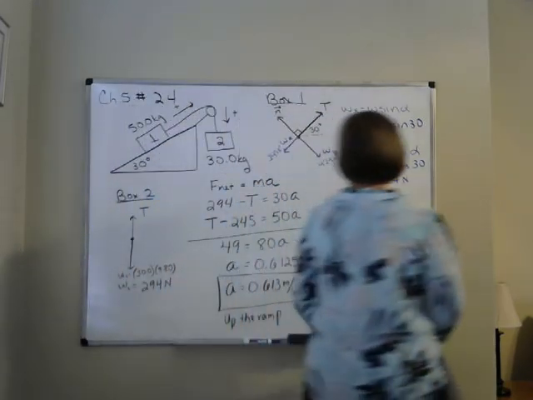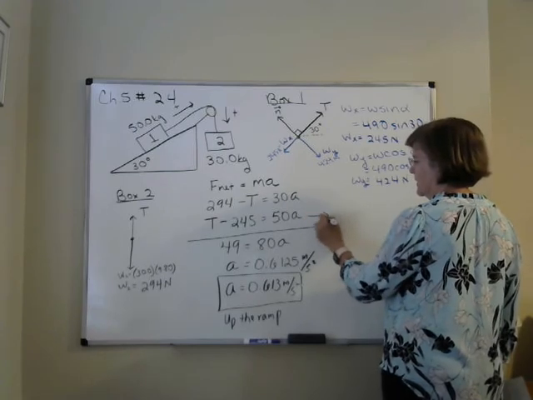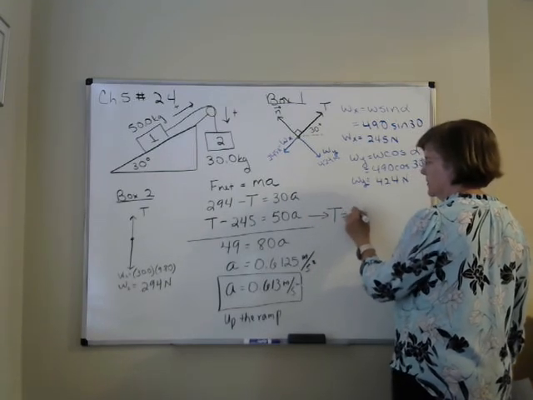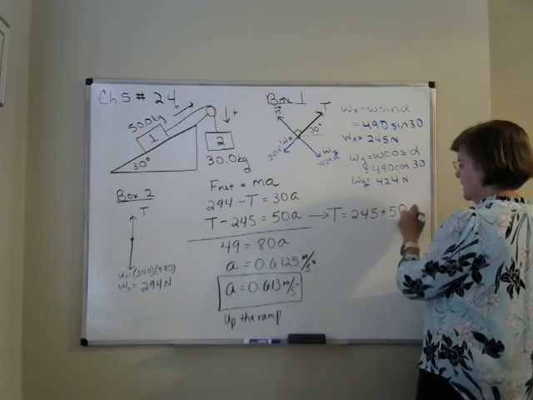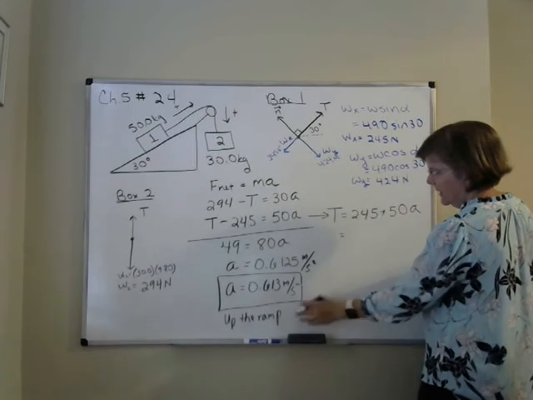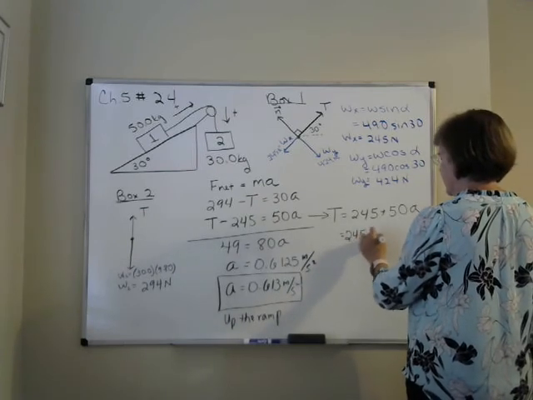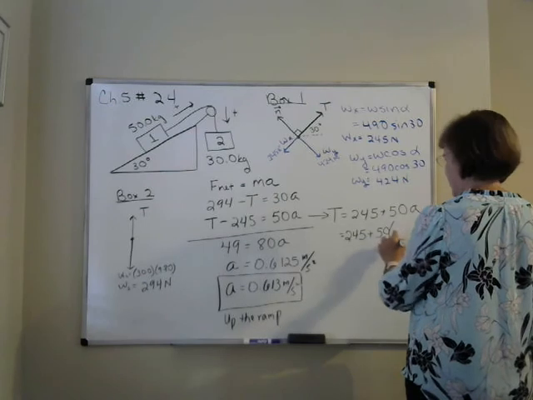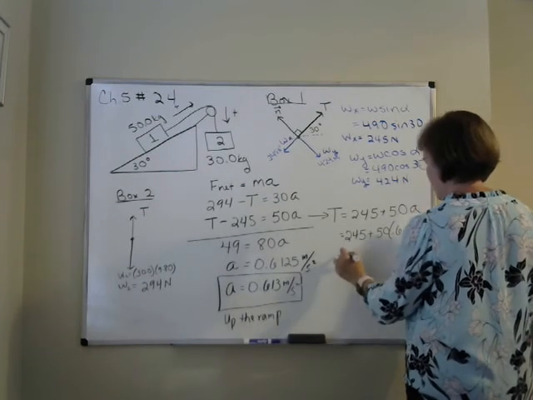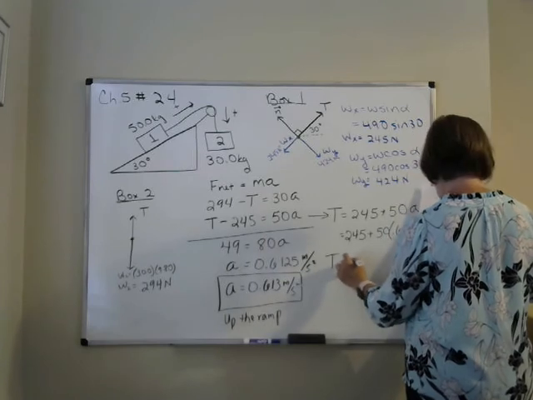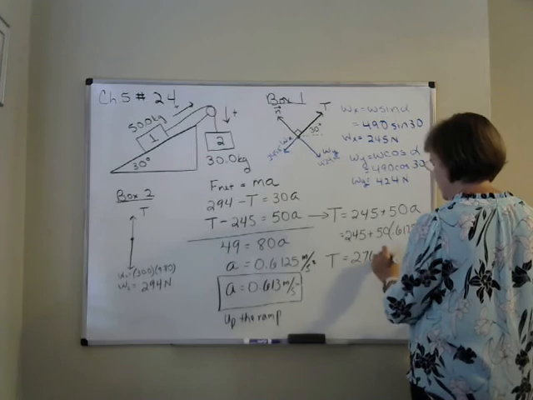If I want to solve for tension, I just solve one of these equations like this. This will give me tension equals 245 plus 50A. So if I plug in my number before I round it, the tension comes out to be 276 newtons.